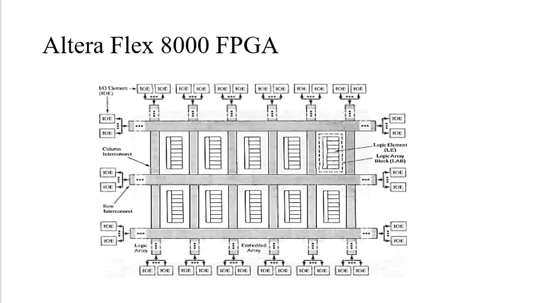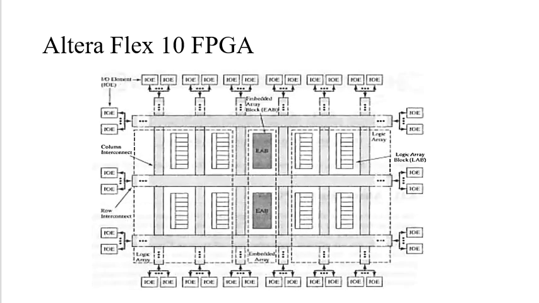Then you have the connectivity, the row interconnect and column interconnect. The vertical ones are the column interconnects, and the horizontal ones are the row interconnects. Next you have the Altera Flex 10K FPGA.